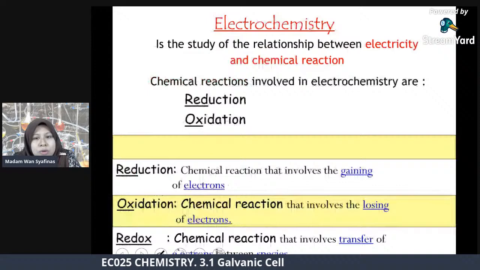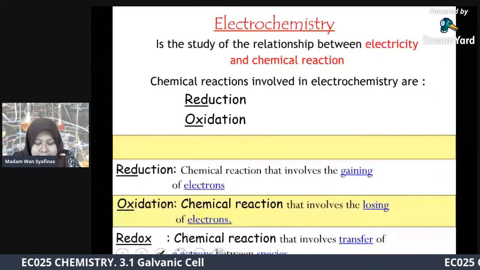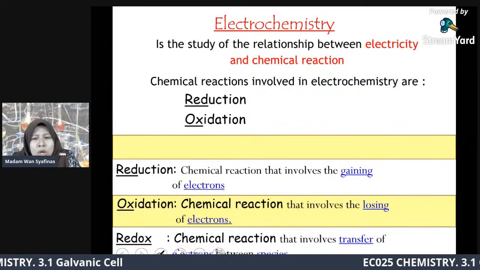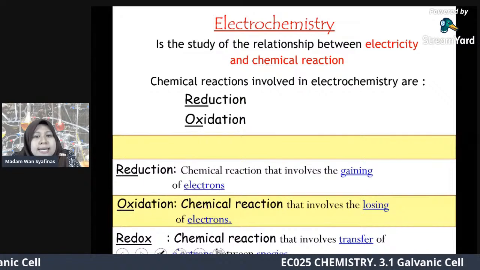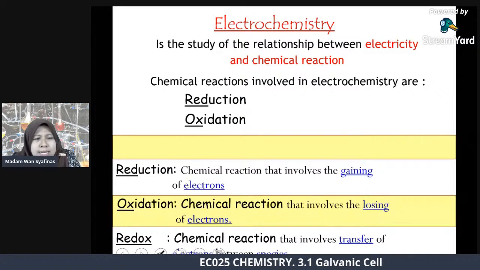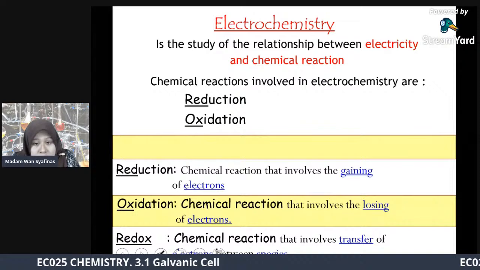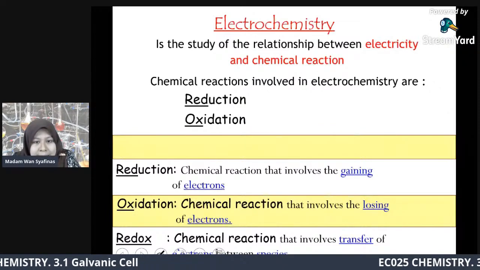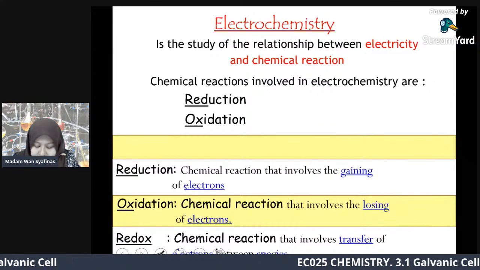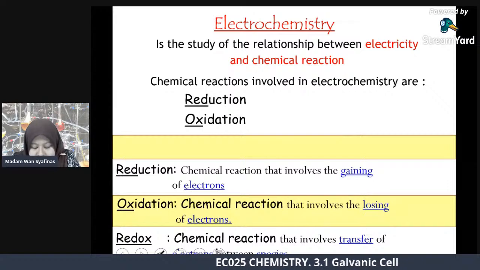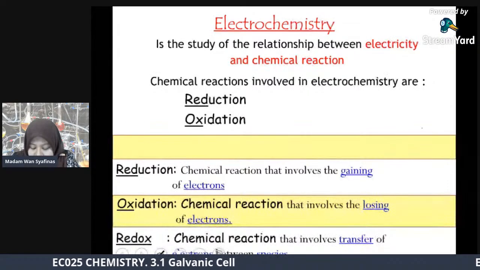Okay, first, before we go deeper into this chapter, we should discuss what is electrochemistry. So electrochemistry is the study of the relationship between electricity and chemical reaction. So chemical reactions involved in electrochemistry are reduction and oxidation.